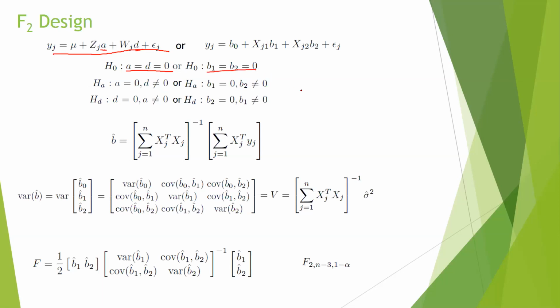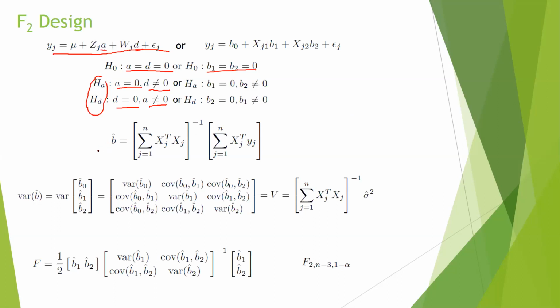This is easy to understand. And for the alternative, there are a couple of ways to define your alternative hypothesis. Maybe the additive effect is equal to 0, but there's a dominant effect there. Or the other way: there's no dominant effect, but the additive effect is real. Either way, we can test this hypothesis.